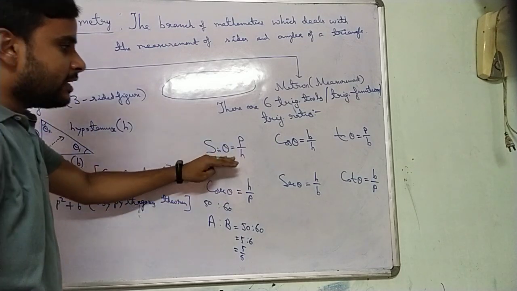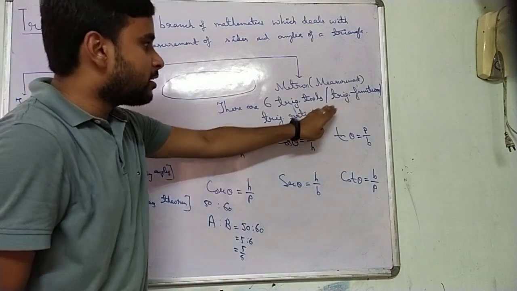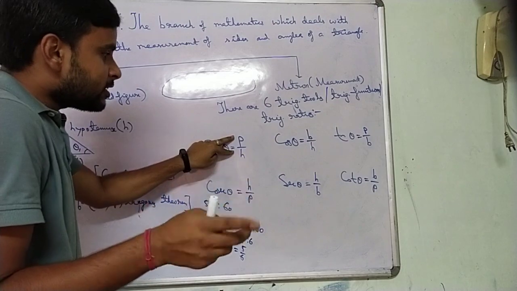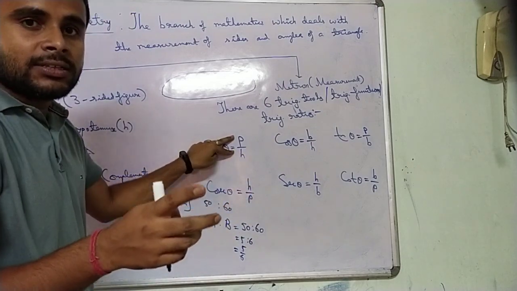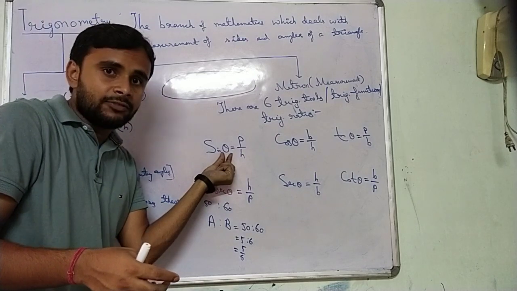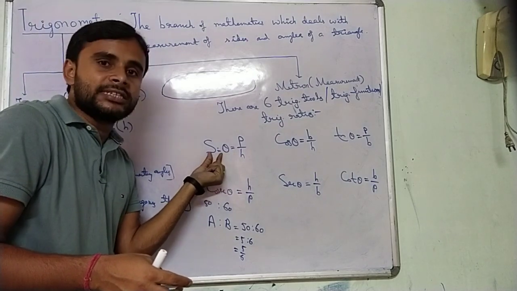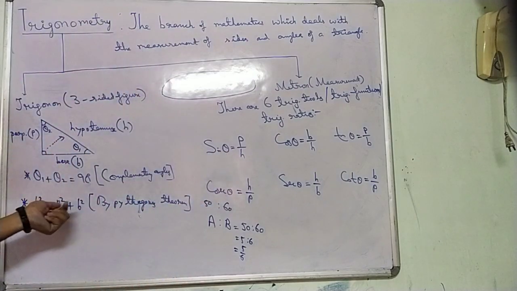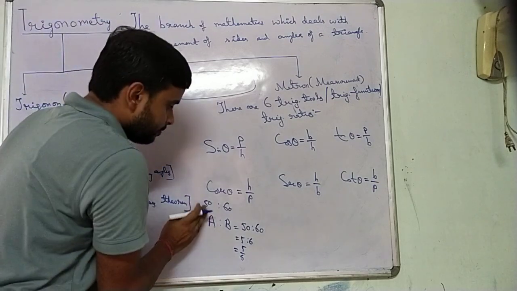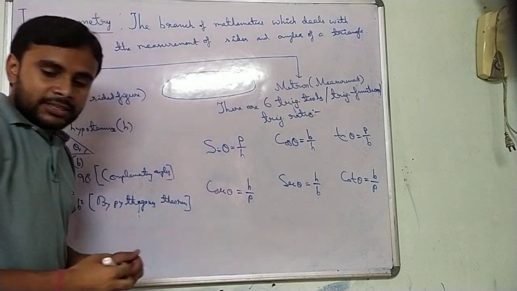So we find that each and every function is nothing but a ratio of 2 sides, and which sides are perpendicular and base depends on the measurement angle we are considering. Suppose we are taking sine of this angle, I explained how to take perpendicular and base.